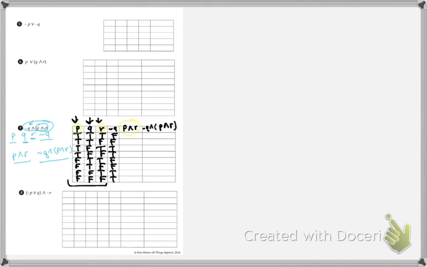So P and R, the first one is true, true, true. True and false, false. True, true, true. True and false, false. False and true, false. False, false, false. False, true, false. And last is false. Remember, we combine these.